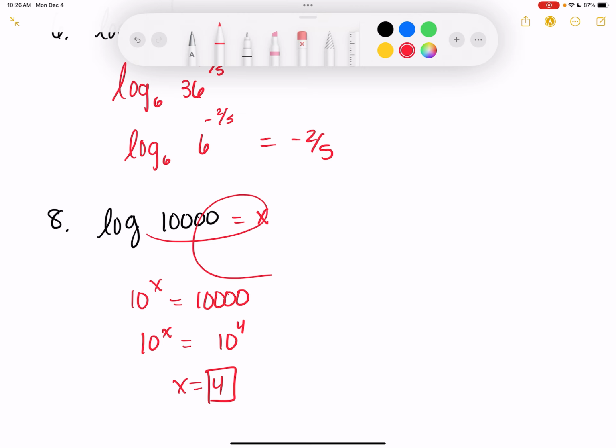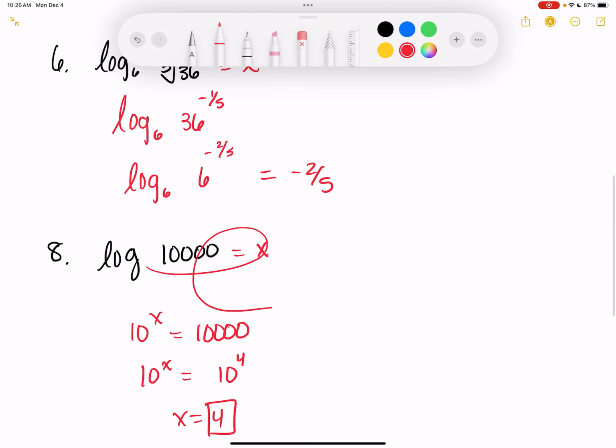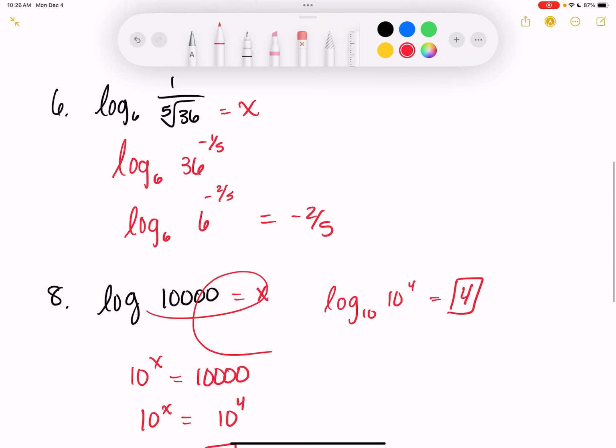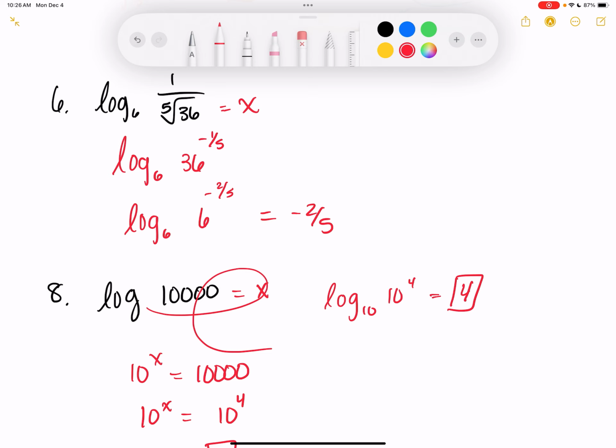Or you could have done it like we did up here, and had log base 10 of 10 to the 4th is equal to 4. Either way would work, but the reason I said the method I just used for 8 would have been more complicated on the previous problem is because we had all this stuff in the denominator.